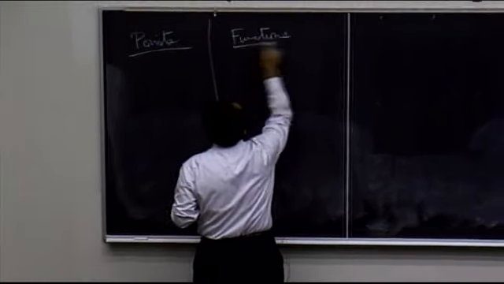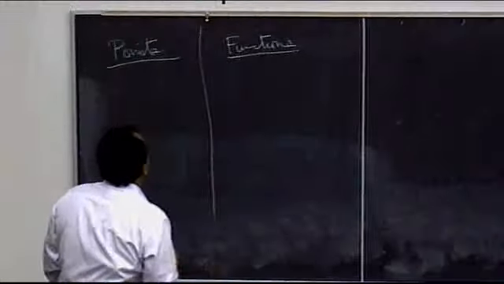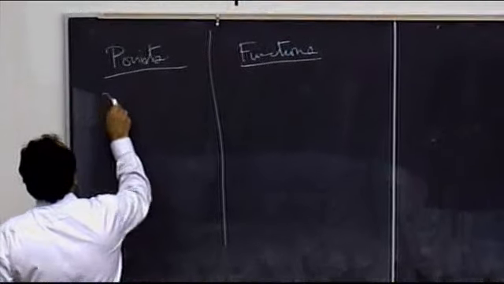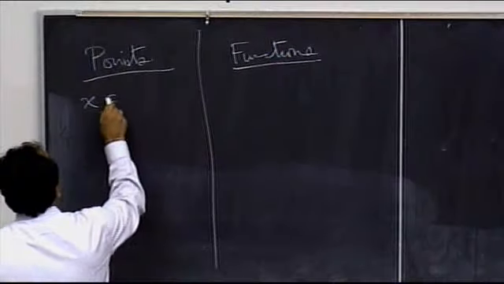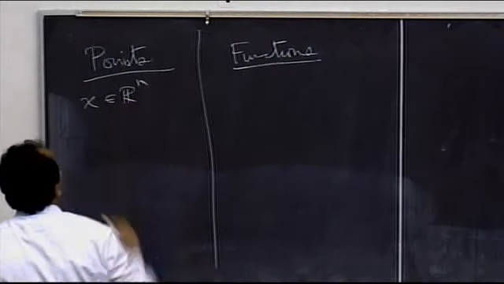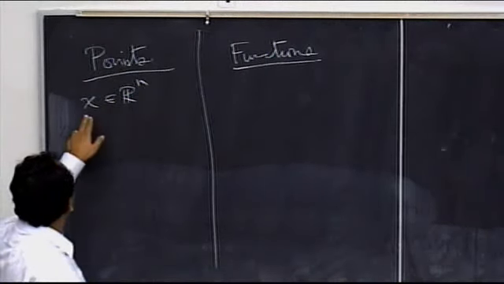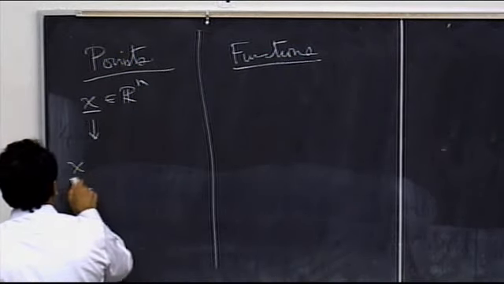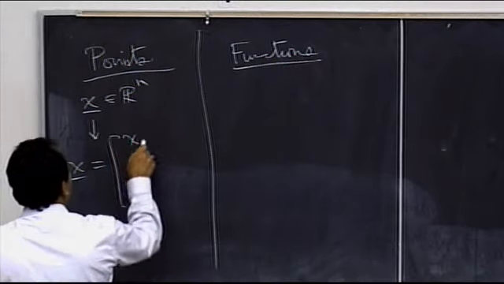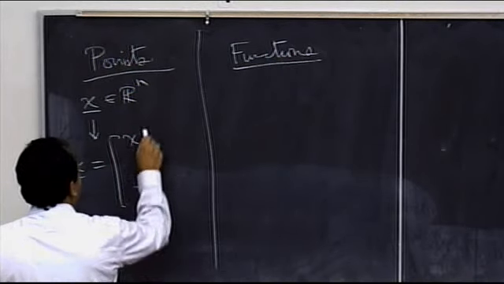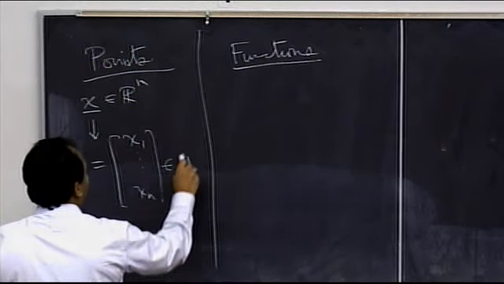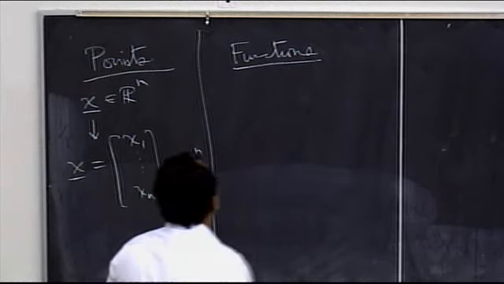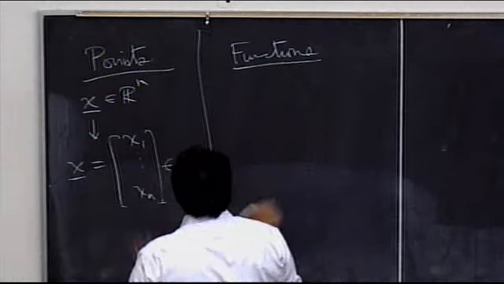Okay? So the way we do this is, for points, when we have a vector, say x, I'm going to say x is an element of Rn. What this means, if you write this out, is x, which is x1 up to xn, is an element of Rn, and I denote it as a column vector. On the other side, when I'm dealing with functions, it doesn't work this way.